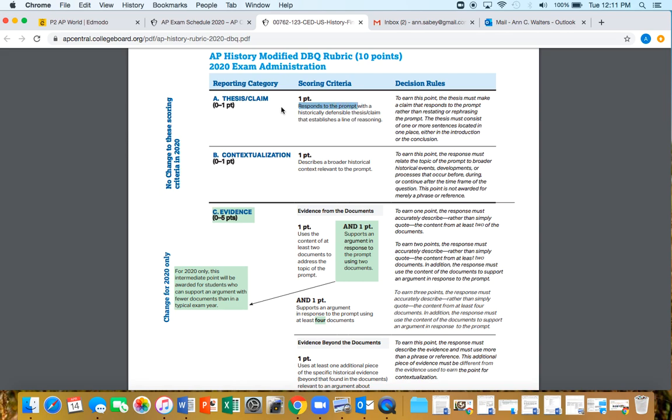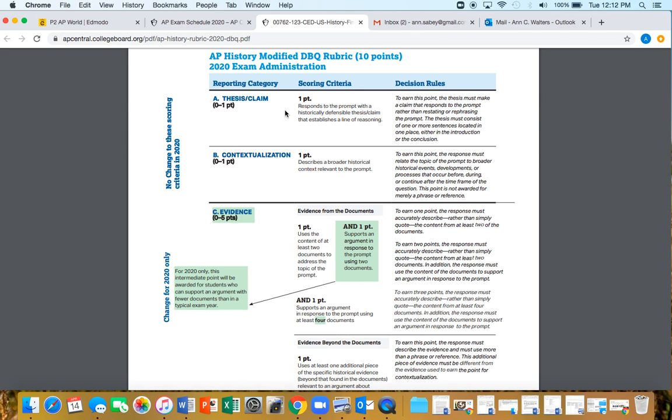You have to make sure that the first thing you do is spend a couple minutes really looking at the prompt and seeing what is this prompt asking me to look at. So you have to respond to the prompt with a defensible claim, meaning you have to be making some type of argument. If you can't think of a clear argument, use what we call qualifiers.